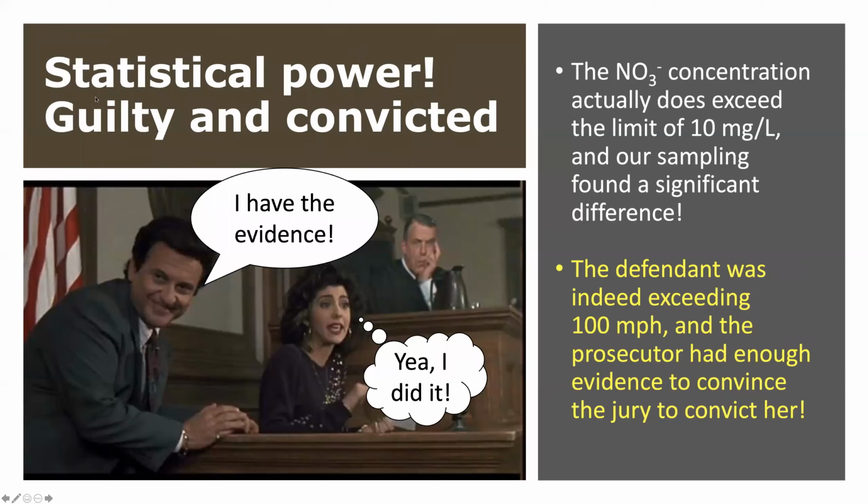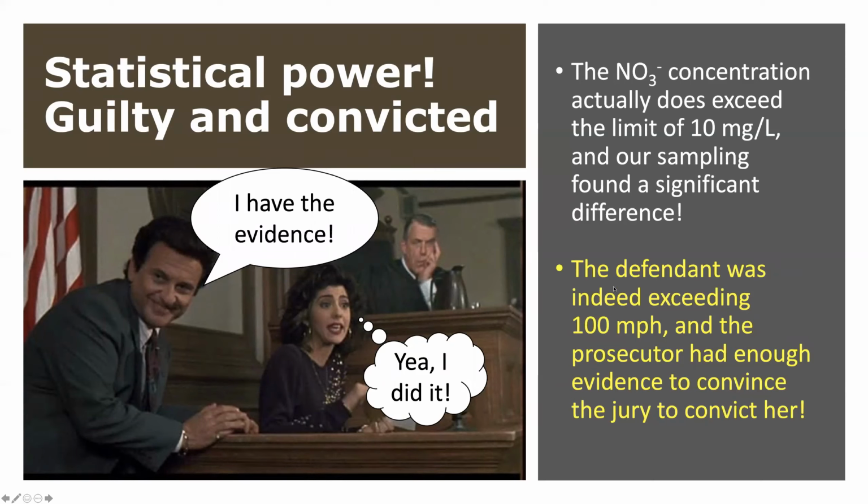Finally, the situation that we're usually always desiring to have in a study is what we call statistical power. So this is the analogy of where a guilty person is convicted. In our engineering situation, this is where the nitrate concentration actually does exceed the limit of 10 milligrams per liter, and we collected enough samples that we found a significant difference, and we're able to prove that indeed the nitrate concentration is above that threshold.